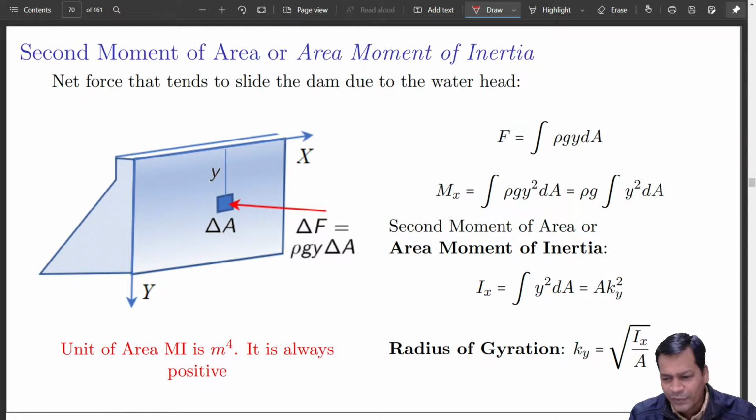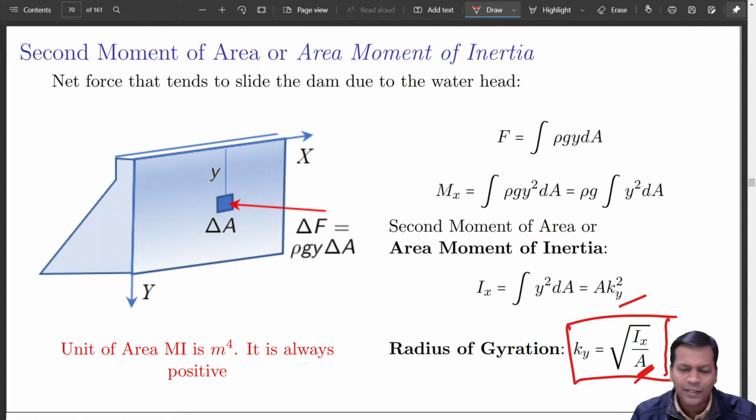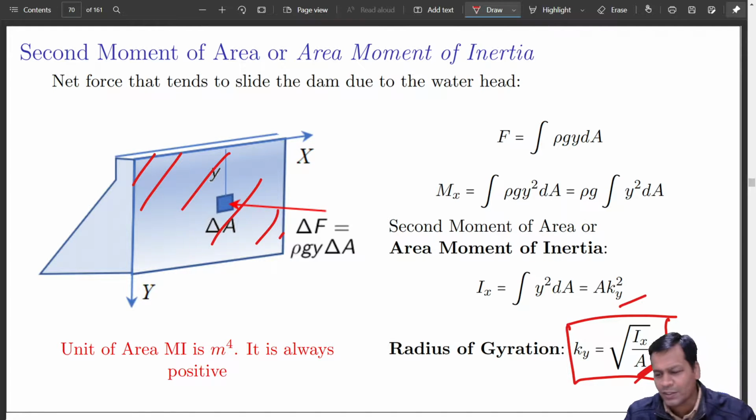So radius of gyration ky is equal to the square root of Ix by A, the total area of the surface in consideration. So moment of area by total area, square root, will give you the radius of gyration.